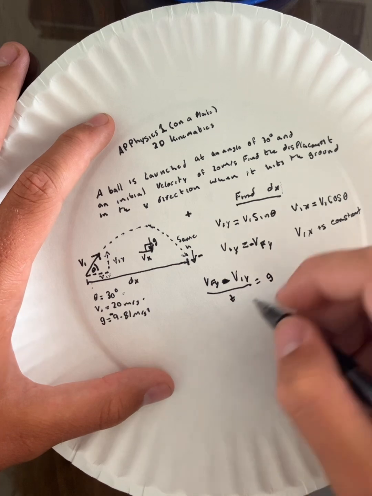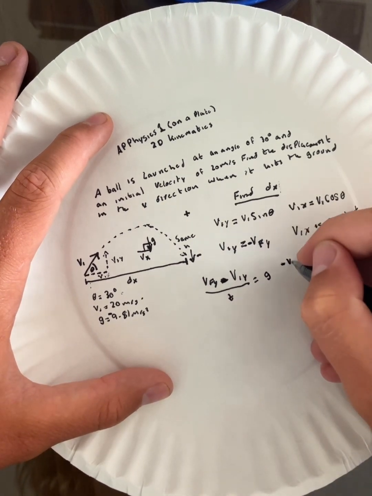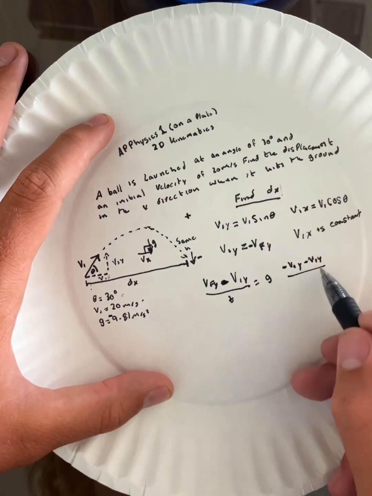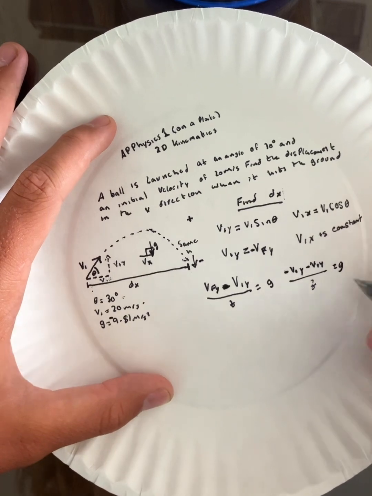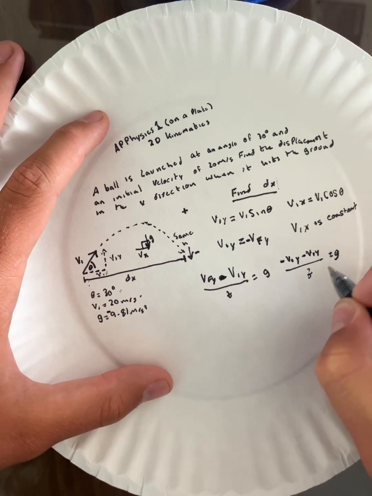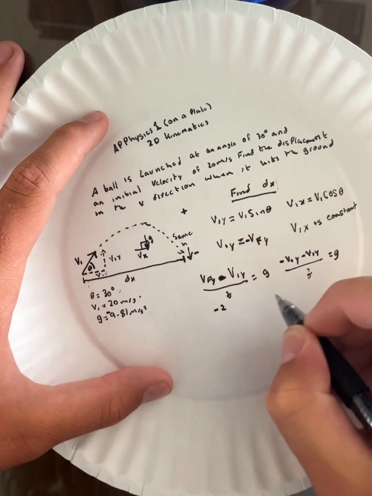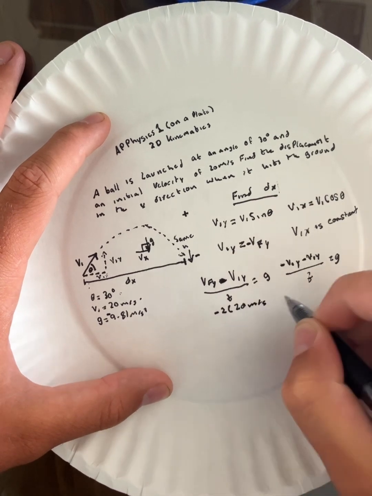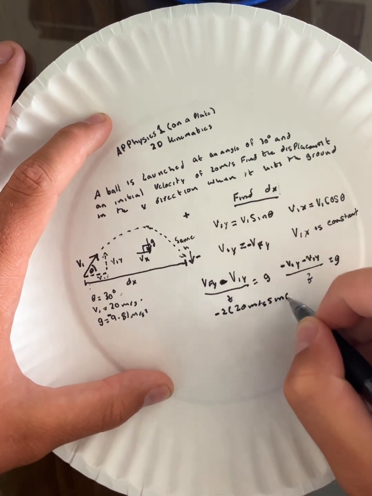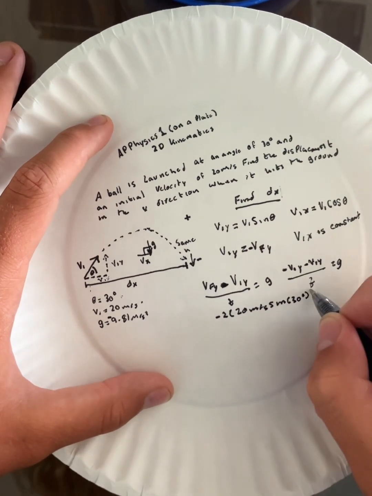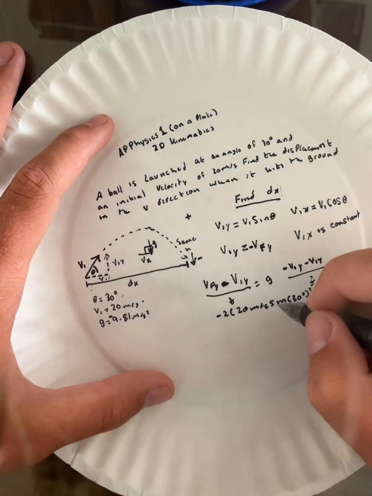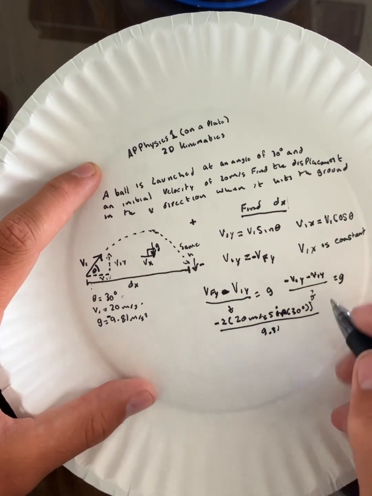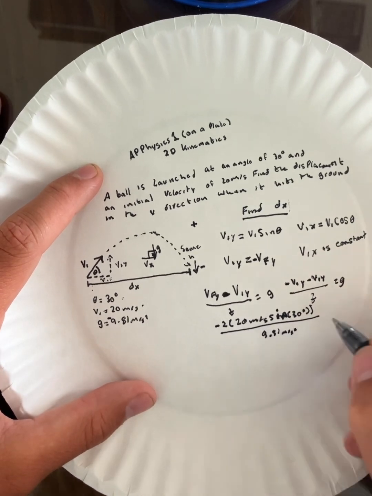So when we rearrange this equation for time, and plug in that viy is equal to negative vfy, we get that time is equal to negative 2 times the initial velocity, which is 20 meters per second, times the sine of theta, which is 30 degrees, which is equal to 1/2, which you will see us cancel out later. And then we divide that by 9.81 meters per second squared. That is equal to our time.